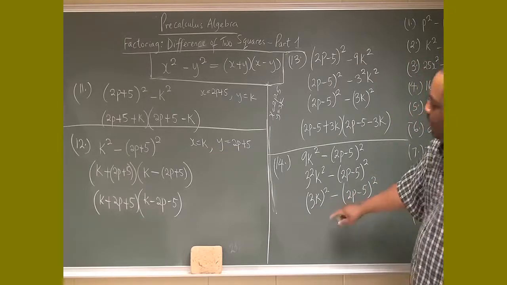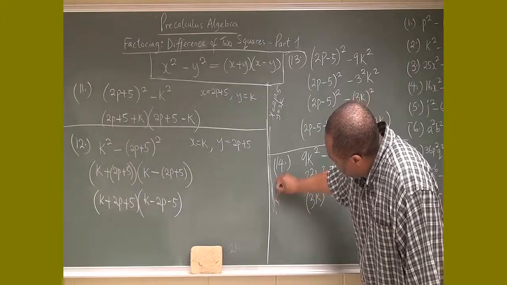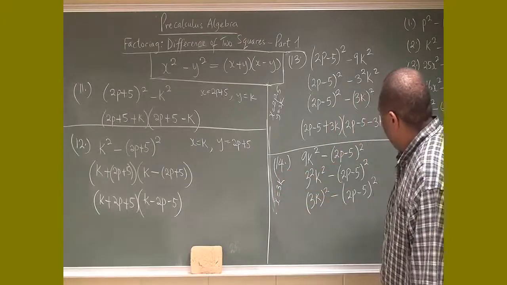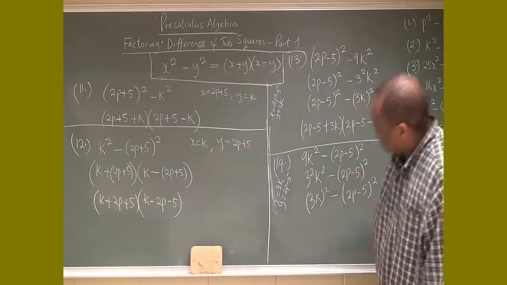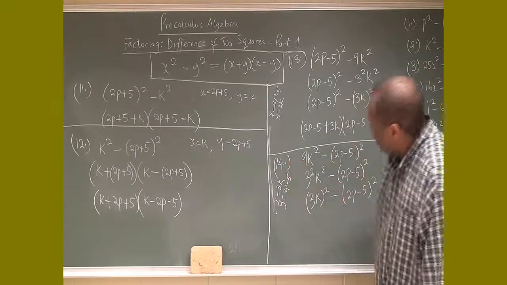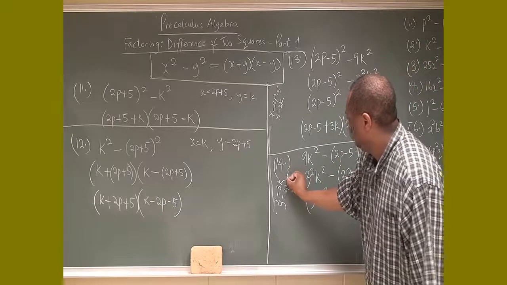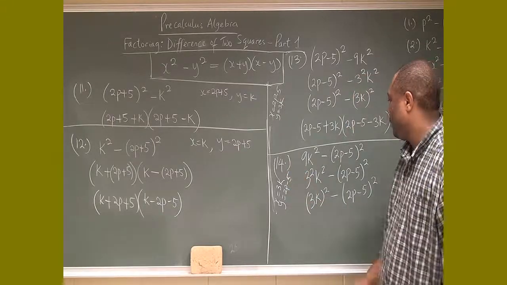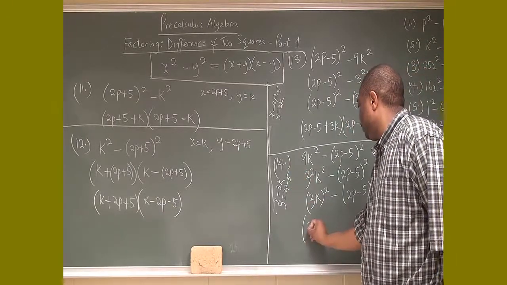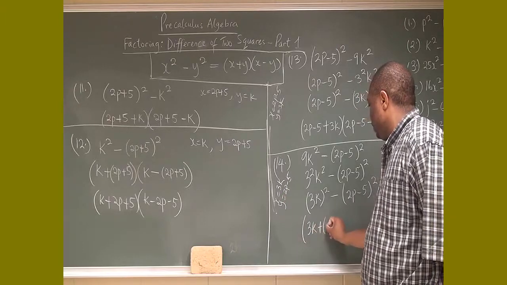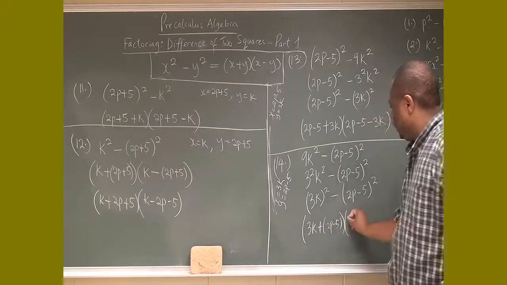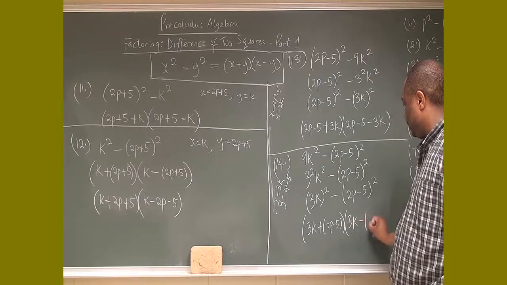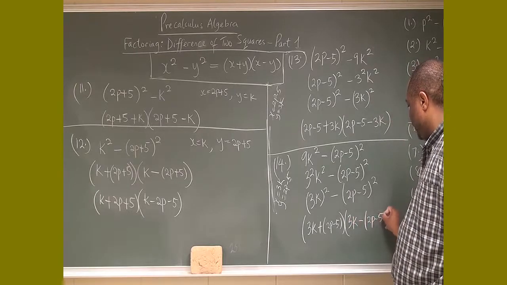So here x will be 3k, and then y will be 2p minus 5. So this will now be 3k plus parenthesis 2p minus 5 times 3k minus parenthesis 2p minus 5.